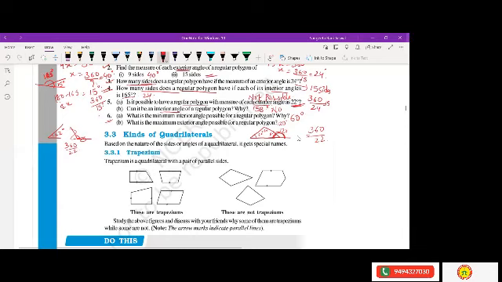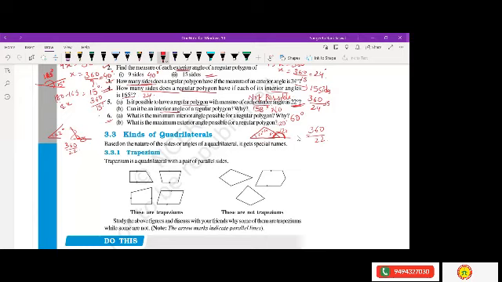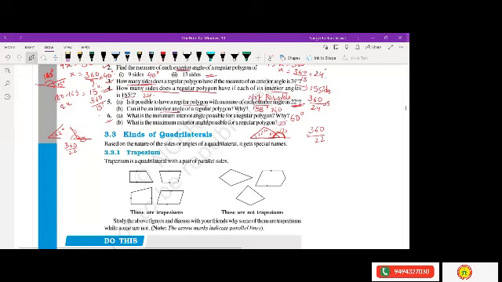That is the maximum exterior angle of any regular polygon. It's saying minimum interior angle possible for a regular polygon. The words minimum and maximum are written.